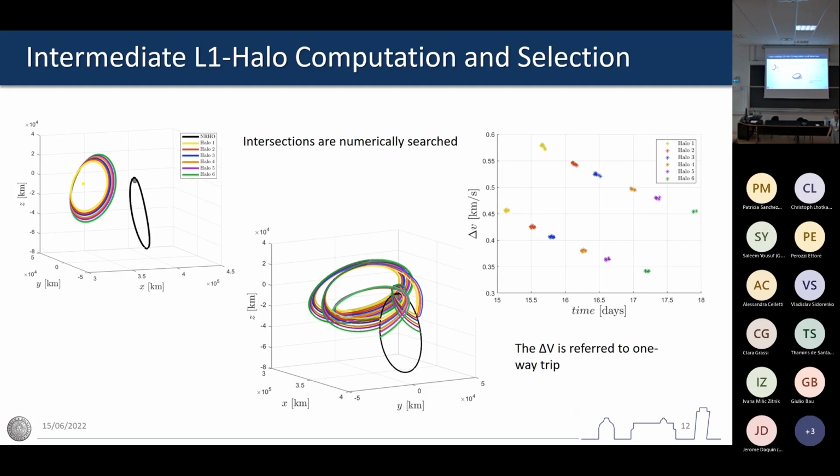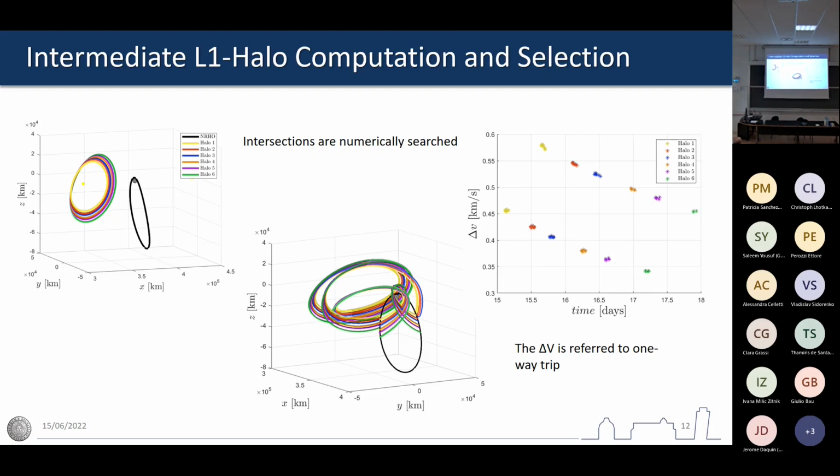The next step was to look for a proper parking orbit. As I was saying before, we are looking for an orbit that is not super stable, because we want to exploit the dynamics of stable and unstable manifolds to reach the intermediate orbit and then the final orbit.